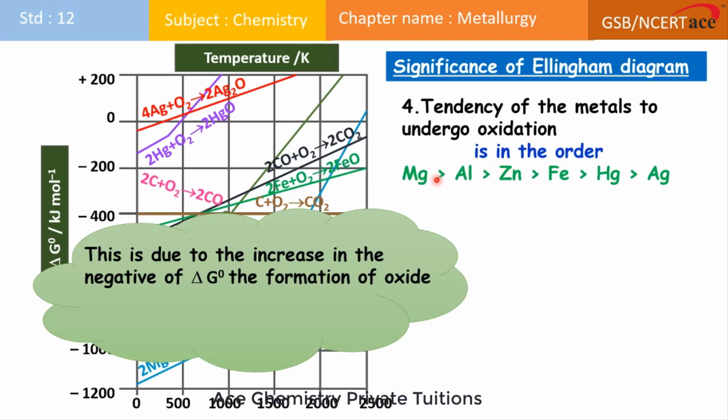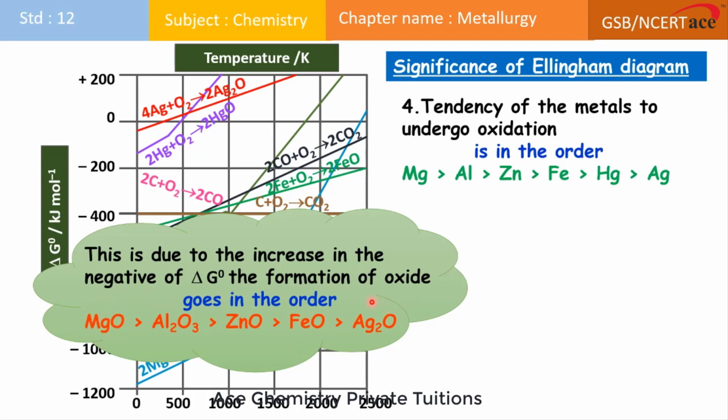So if this is the tendency to undergo oxidation, then tendency or strength of the reducing agent will be reverse. Now, why is this the order followed? Because as per this diagram, it is due to the increase in the negative delta G naught value. Look here. If you'll see, delta G naught for the formation of the metal oxide increases in this order. So the lowest value is given for what?